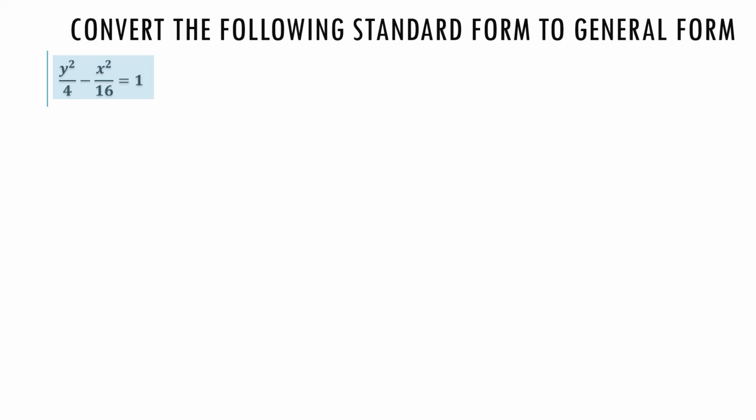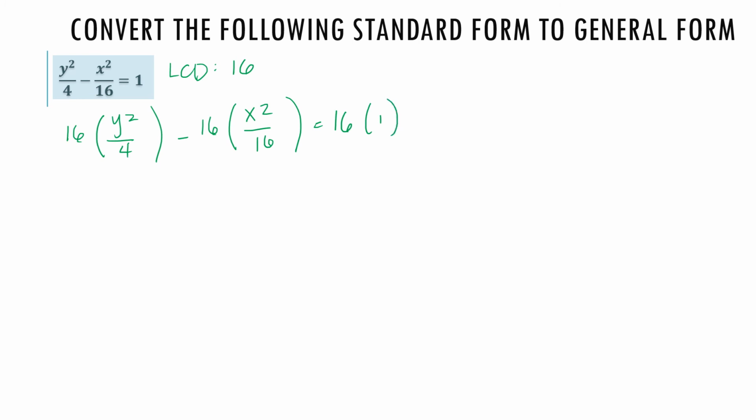Another example. Nauna yung mas mahaba. y^2/4 - x^2/16 = 1. Again, multiply everything by the LCD. What is our LCD? 16. So we have 16 times y^2/4 minus 16 times x^2/16 equals 16 times 1.